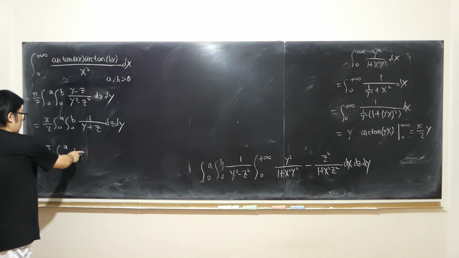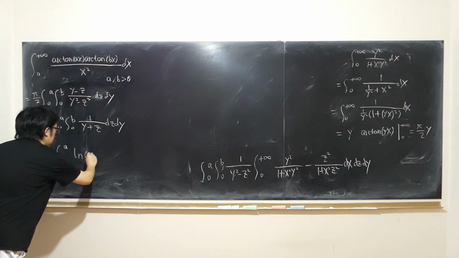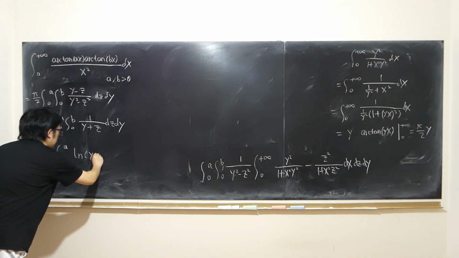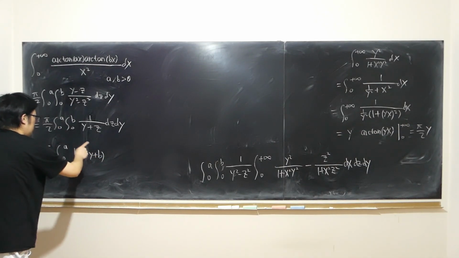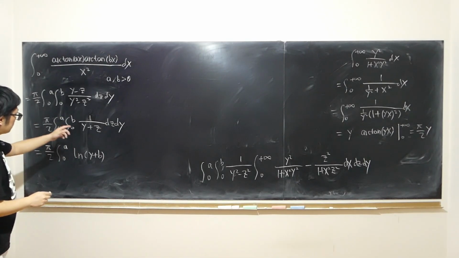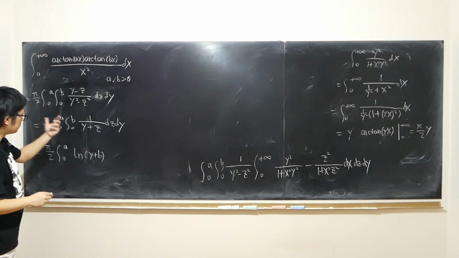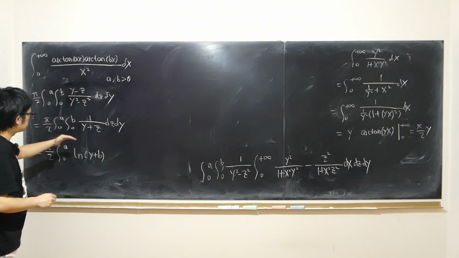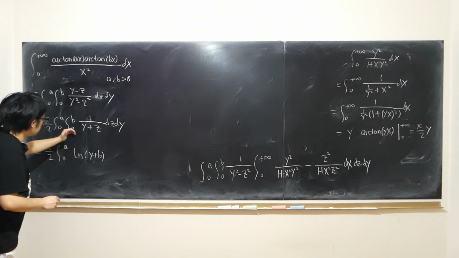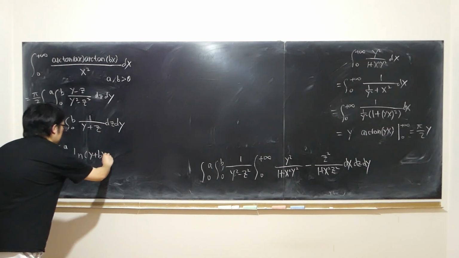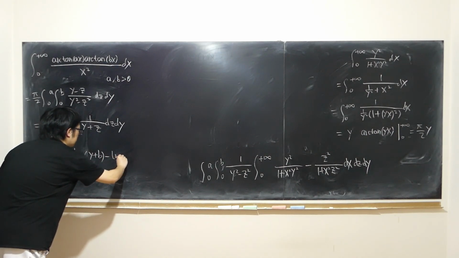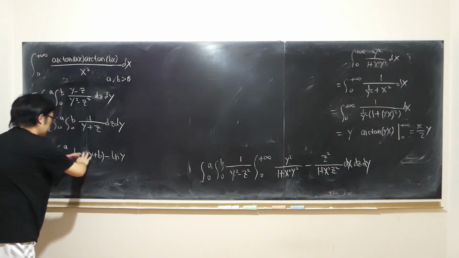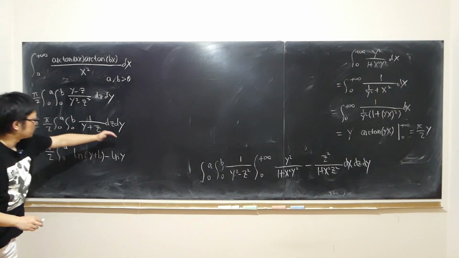You have log y plus b minus, this time, log y plus z becomes log y plus 0. I take that difference. Then you say dy.